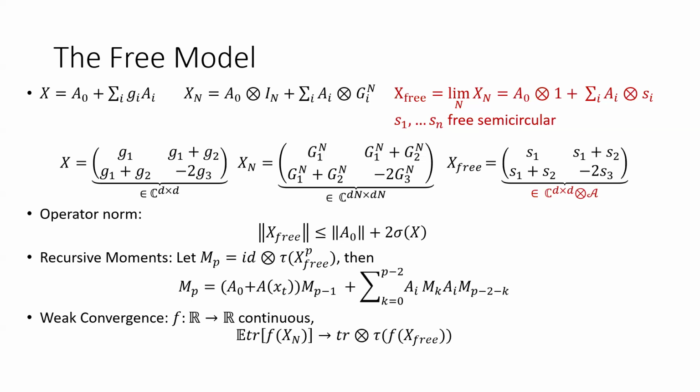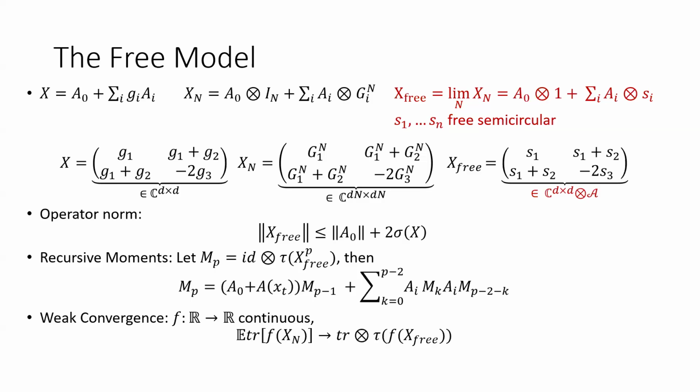Sorry, I'm confused. Where are these A's living? In the earlier examples when we were doing GOE, A was something like a coordinate vector tensor itself, so it was living in dimension n. But now A somehow is not living in dimension n. So you mean this capital A? Oh yeah, these are just d by d matrices.